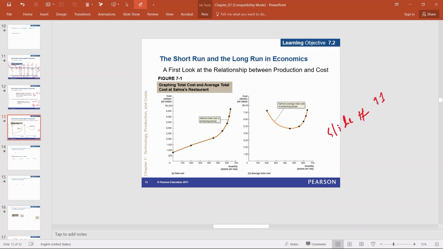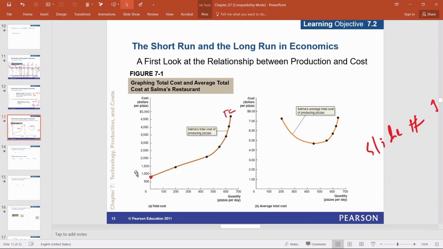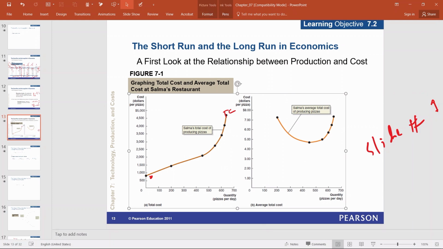So this is total cost, and it starts from 800. So this is 800. And this is fixed cost.